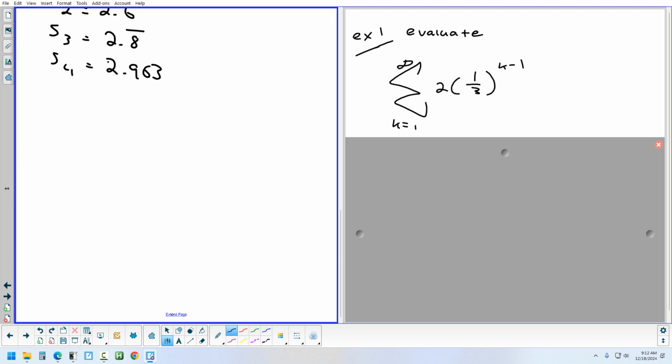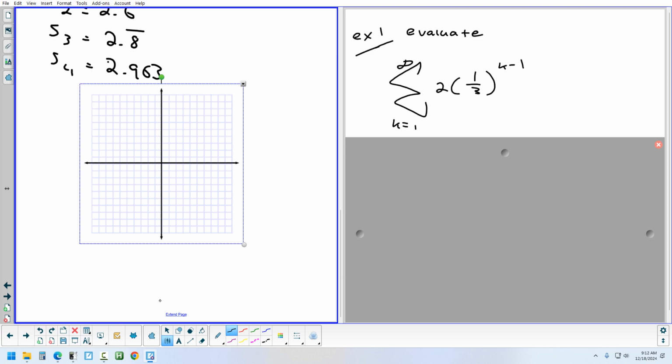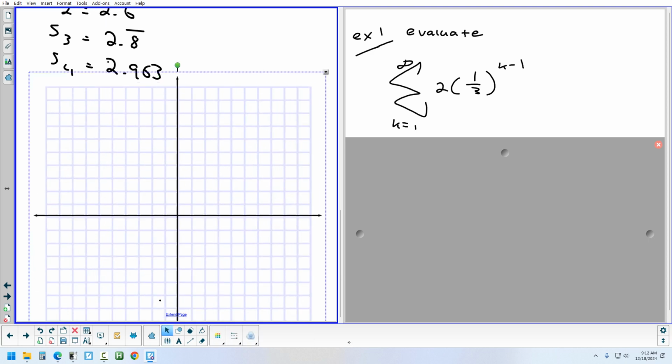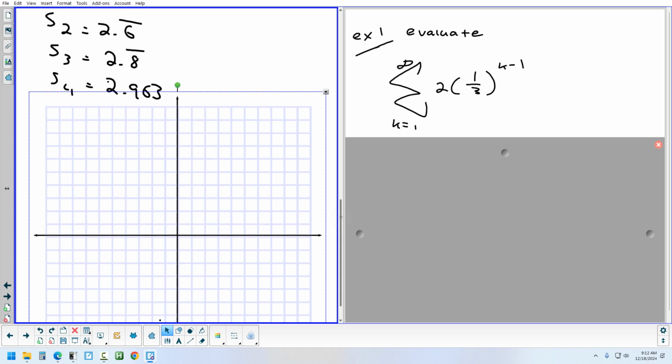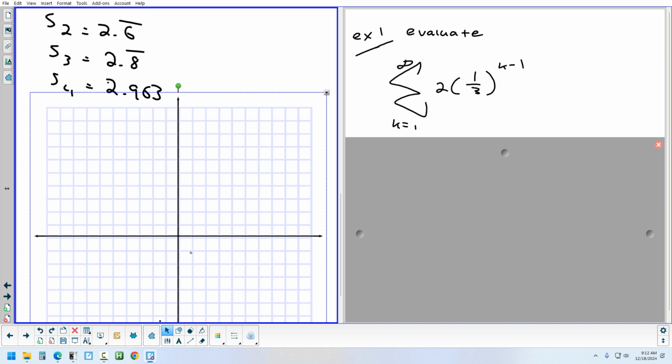So the idea would be, if you had some graph paper like that, when you added up the first term, you got a 2. So think of that as the first term added up to 2. The first 2 terms added up to 2.6.